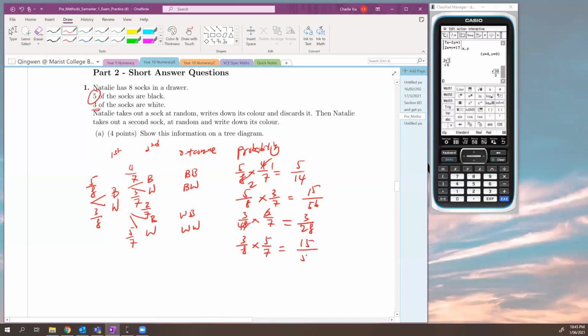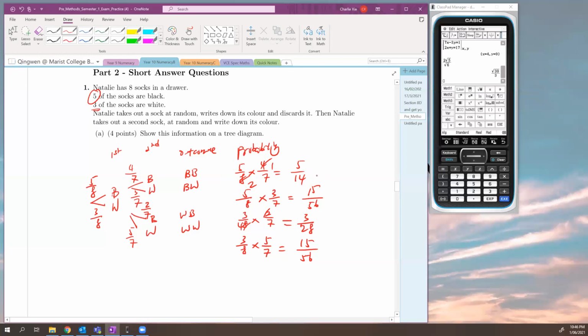That's 15 over 56. All right, to double check if you got it right or wrong, we're just gonna add all of the probabilities together and see if that's 1. If that's 1, it means it's true because you have covered all the options. If it's not 1, it means we made a mistake. So let's add them up.